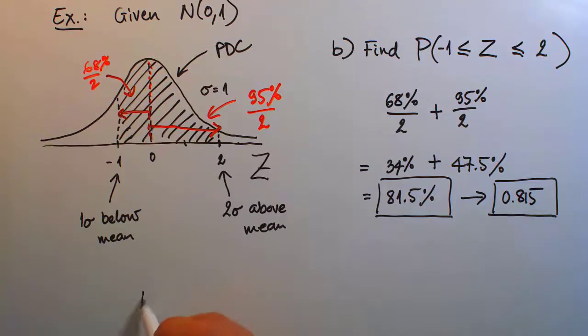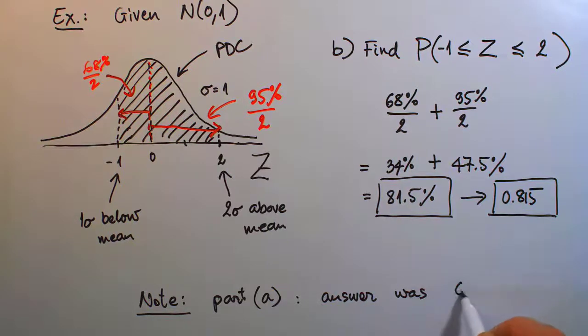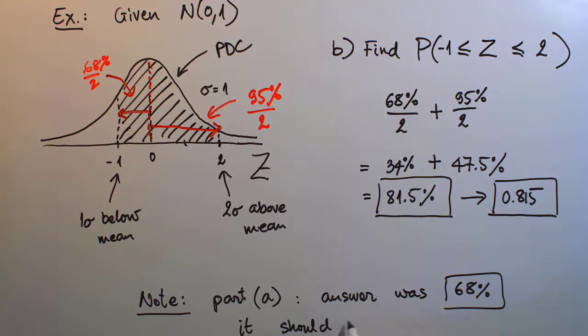This note is specifically for the problem we did earlier, that for part A, yes, we did find the answer, which was 68%, and you can always roll back to that part of the video, but now it should have been written as 0.68.